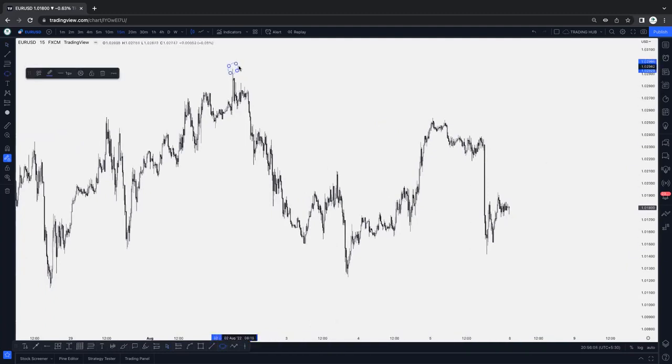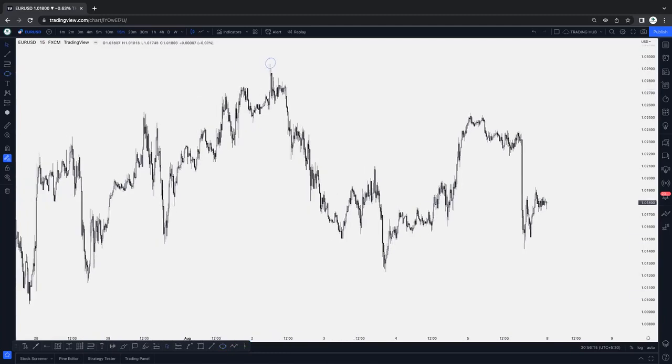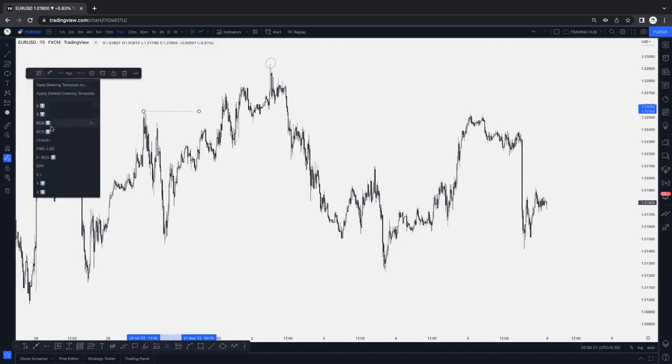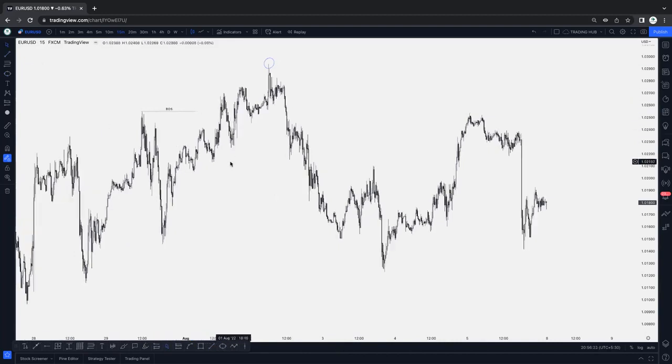This one is your highest, and where is the BOS and CHoCH, for example here. Suppose this one is your BOS, and if so, this low is the inducement, and this is confirmed here, so it means this is our range.